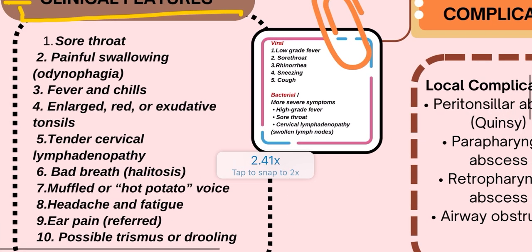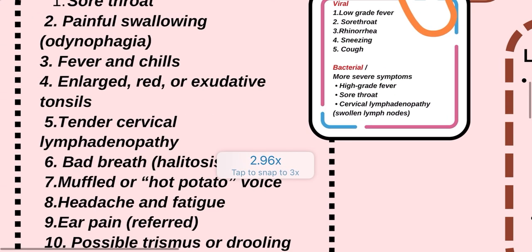So in general, tonsillitis could lead to sore throat, painful swallowing or odynophagia, fever and chills, enlarged red or exudative tonsils, and tender cervical lymphadenopathy. The most commonly encountered lymph node group is the jugulodigastric lymph node.